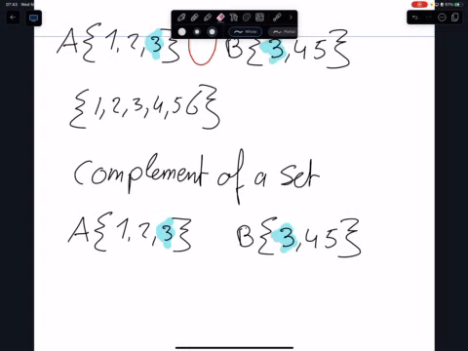I have two sets, A and B. I would like to know the answer of A apostrophe, the complement of the set. So what is A apostrophe? A apostrophe means everything that is not in A. I would like all the numbers that are not in A.